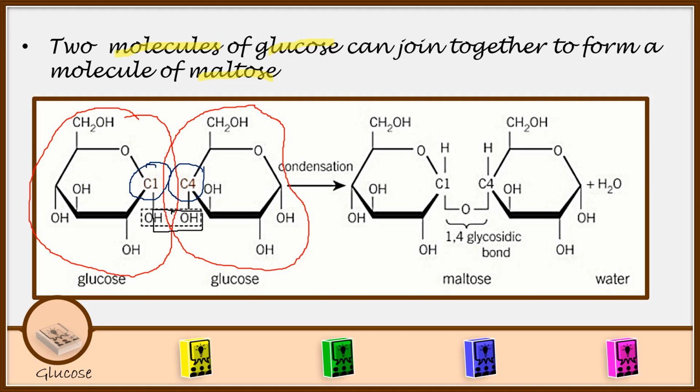When we remove these ones, they are going to give us a water molecule, meaning that this bond here is going to be broken. When this bond is broken, it will now connect to where the hydrogen has been removed, and then we shall form oxygen. This one is on carbon atom 1, and now it will be joined on carbon atom 4.